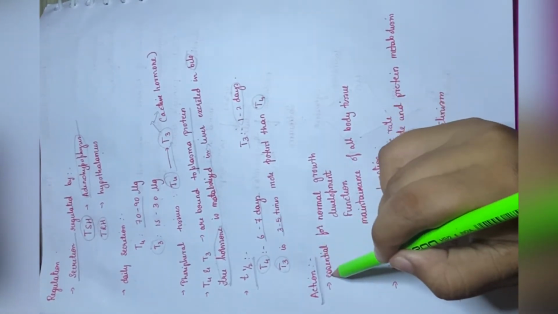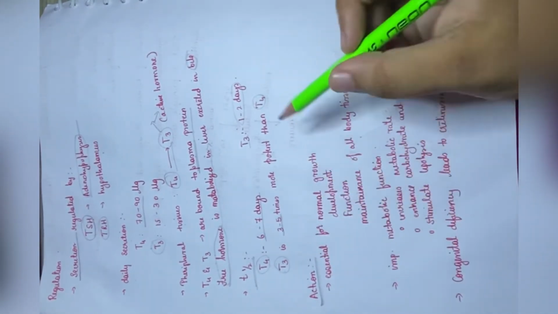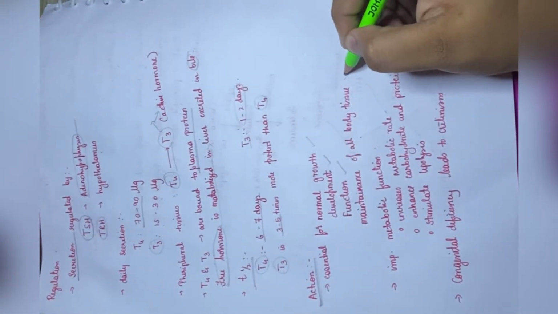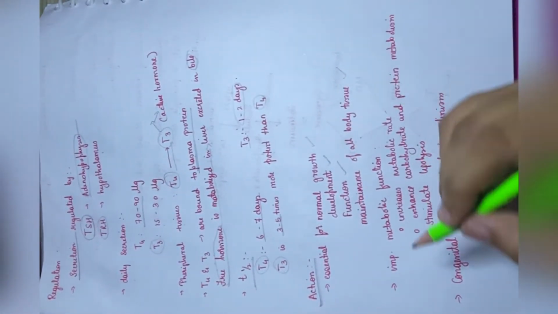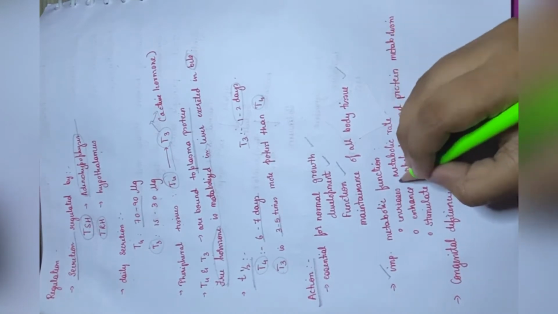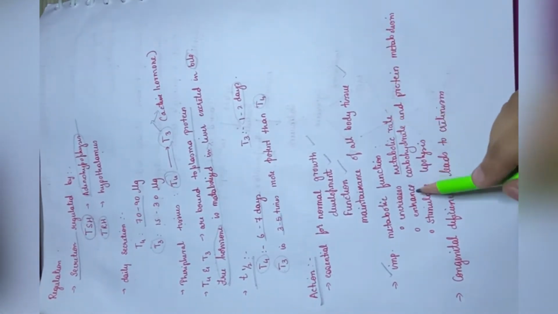The action of T4 and T3 is essential for normal growth, development, function and maintenance of all the body tissues. The most important metabolic functions of T3 and T4 are that they increase metabolic rate, enhance carbohydrate and protein metabolism and stimulate lipolysis.